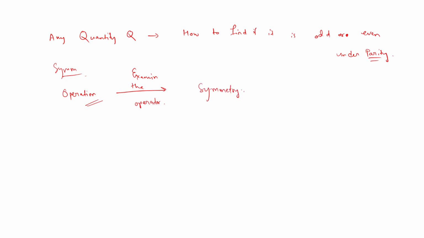For example, imagine there is a triangle, and the operation is rotation by 120 degrees. Rotation by 120 degrees will give you again the same triangle, right? So rotation by 120 degrees is a symmetry operation.